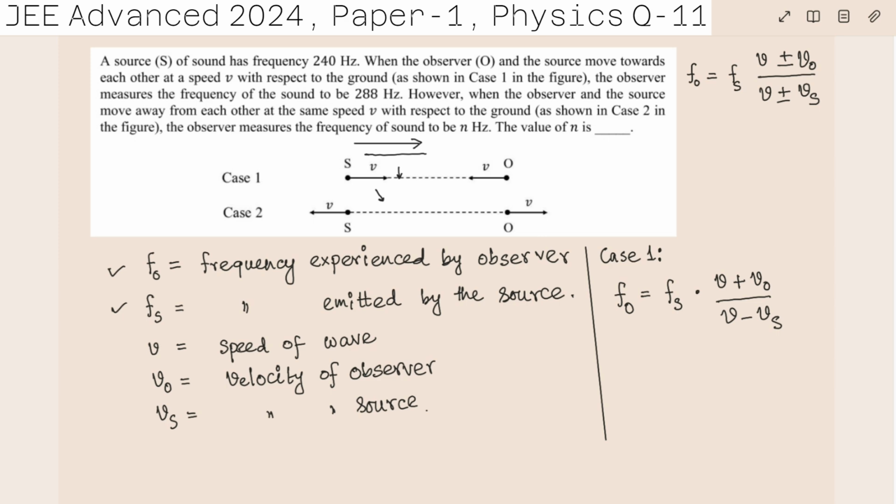On the other hand, the source is moving in the same direction as the wave, so the relative velocity is v minus v_s. So this is case 1.